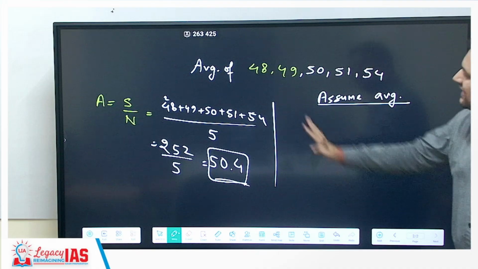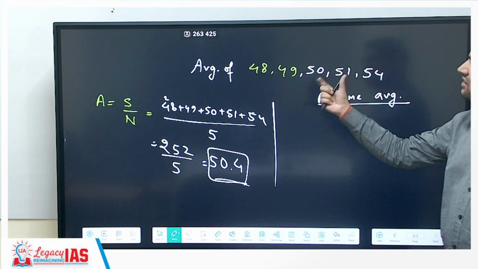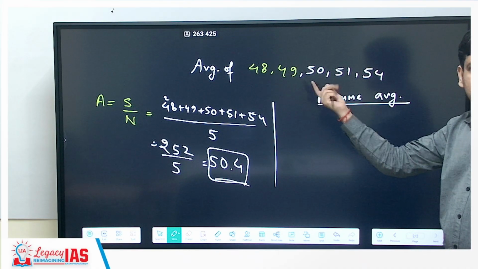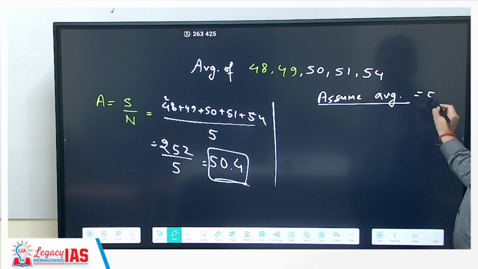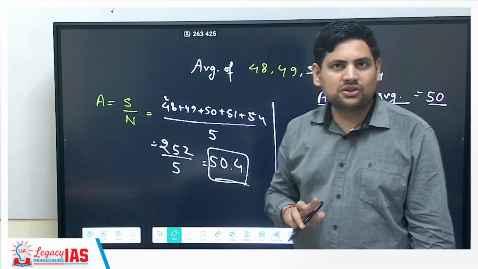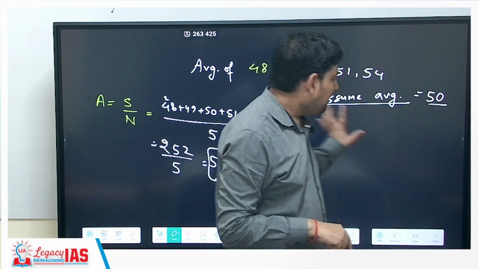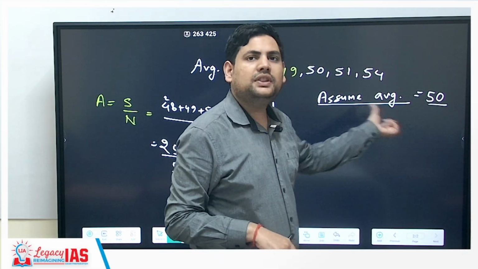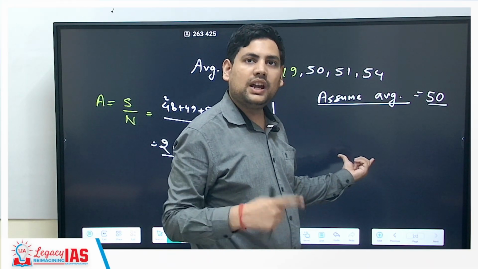For example, I see this data set and I feel that somewhere right in the middle is 50, so I think the average should be 50. This is my initial assumption. Now I will write all others in terms of 50 and then find out what the actual average will be.